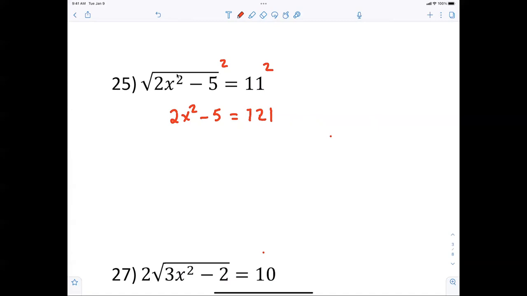Come a long way. Now what? Plus 5. 2x squared equals 126. And now what? Yep, x squared equals 63. All right, now I do what?